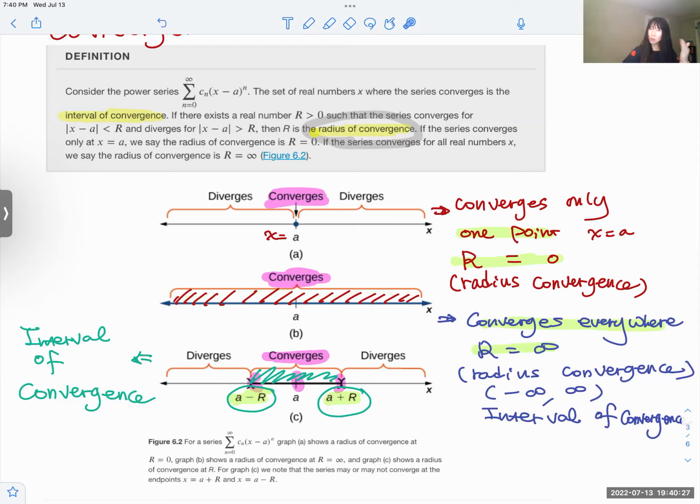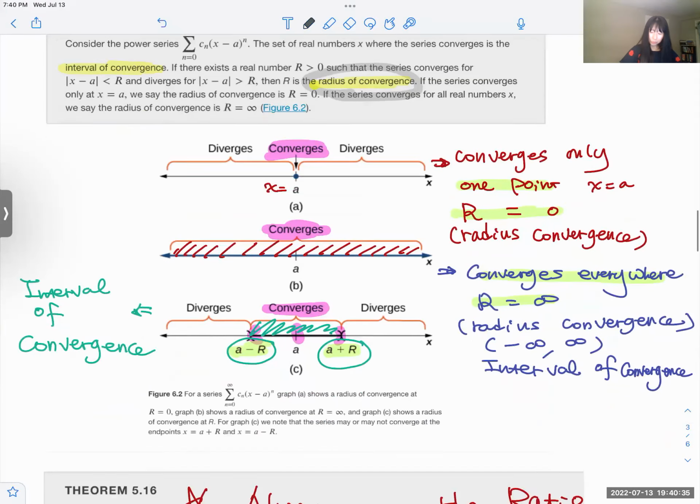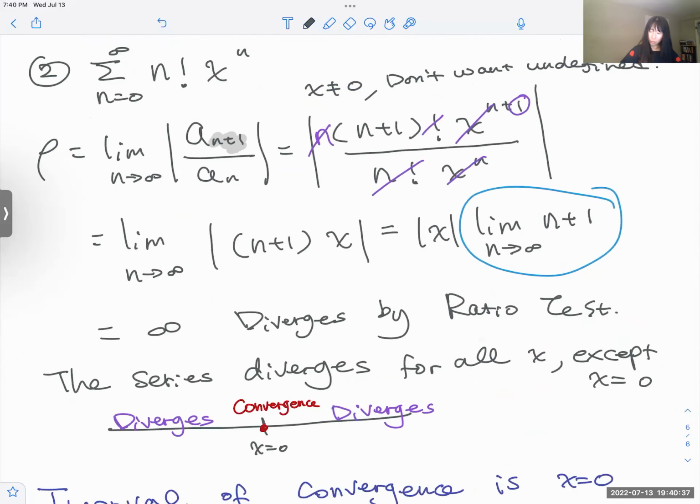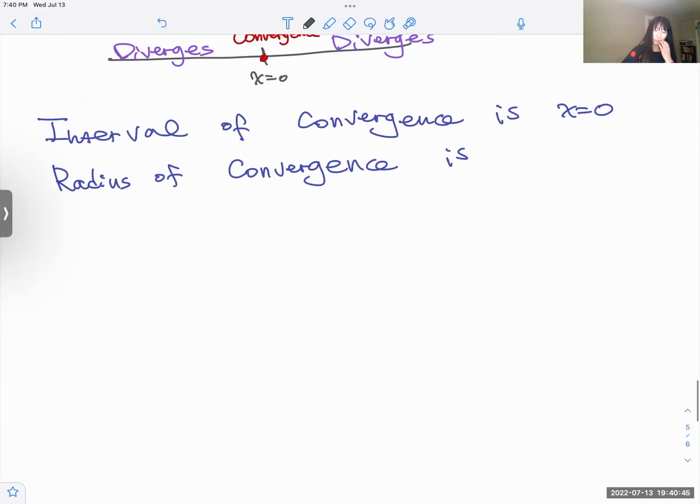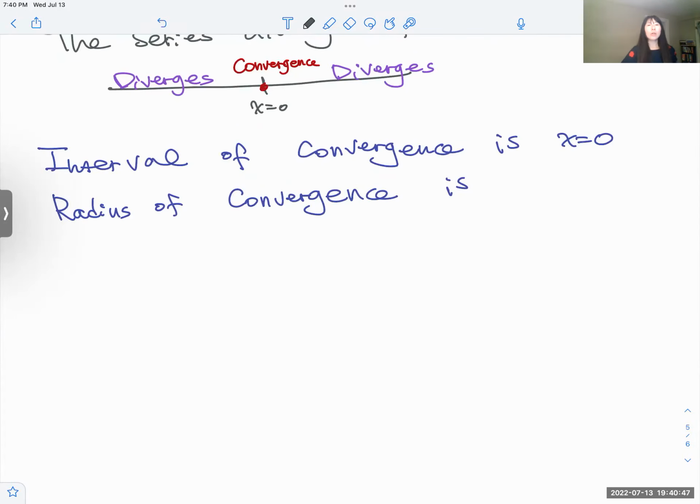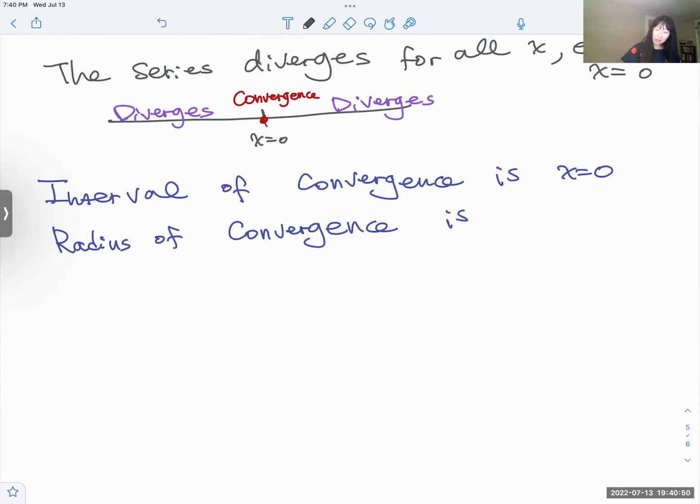Okay, so we did it 2 times. Now one type left, interval of convergence, okay? So let us do this one. Number 3. What was the radius of convergence for the last one we did? Oh, sorry. The radius of convergence is r equal to 0, right? Because only one point.